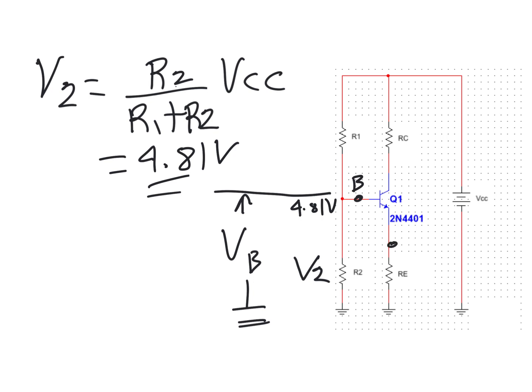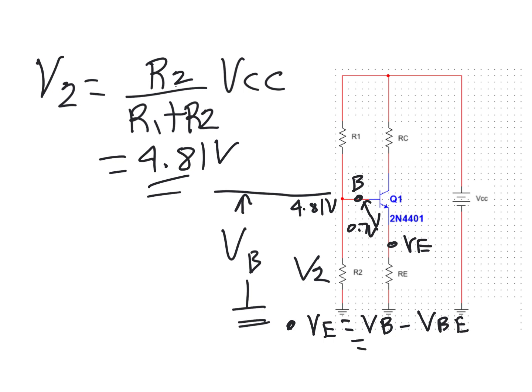The emitter voltage, VE, is 0.7 volts less than the base voltage. So we can say that emitter voltage VE equals the base voltage minus VBE, which is 0.7.